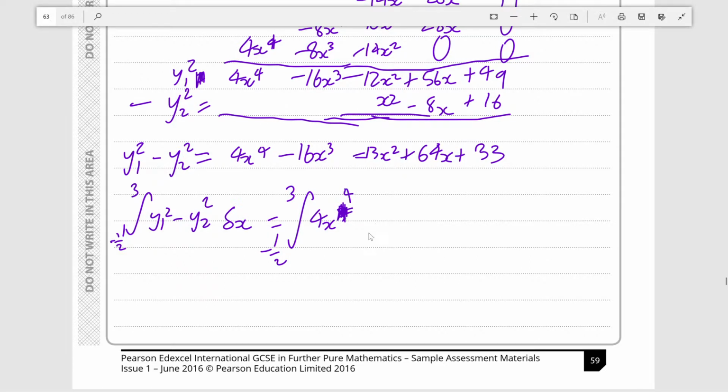So 4x to the power of 4 minus 16x cubed minus 13x squared, should be a minus symbol, plus 64x plus 33 dx.